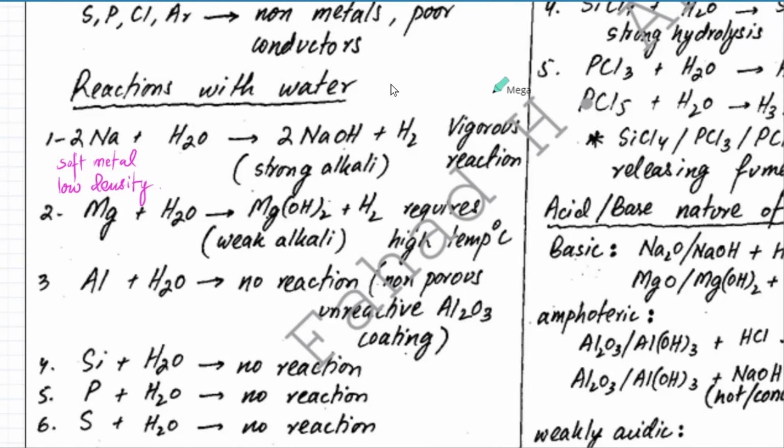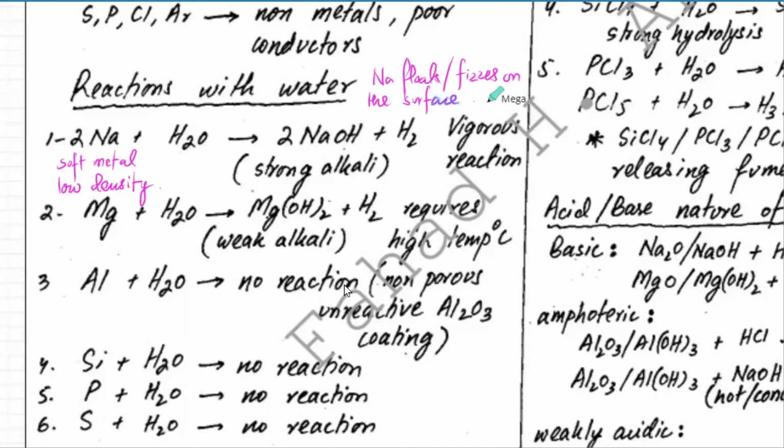So when you add it to water, sodium floats and fizzes on the surface. And it's a vigorous reaction. It might catch fire, it might melt, it might become red hot because it's a vigorous reaction. Is this clear? Yes.